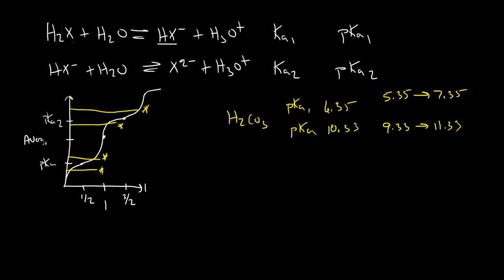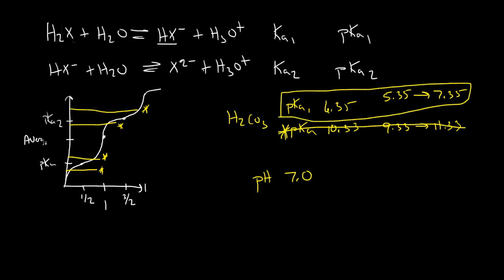So when we're thinking about what's important, what you want to really think about is what pH you want to deal with. So if we wanted to buffer a solution at a pH of 7.0, so let's say your blood, then we would definitely not be dealing with this second pKa, but instead we would be working in this first buffering range, which we know deals with the conversion of this first ionization reaction.